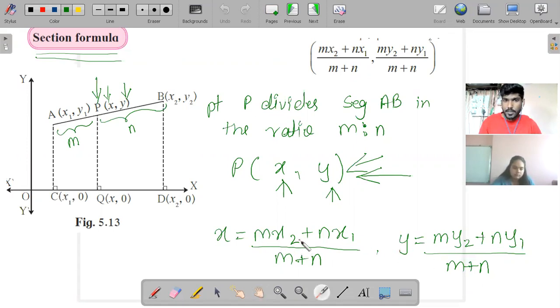No square. This is it: mx2 plus nx1 upon m plus n. And for y, my2 plus ny1 upon m plus n. It's done. Okay, we'll move to the sum.